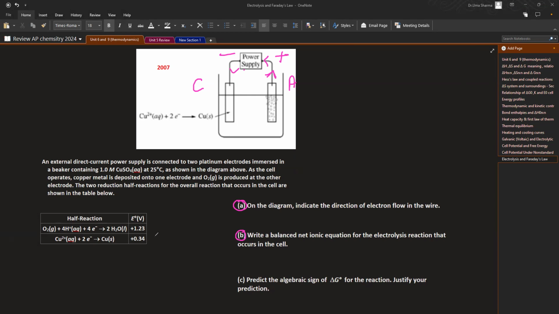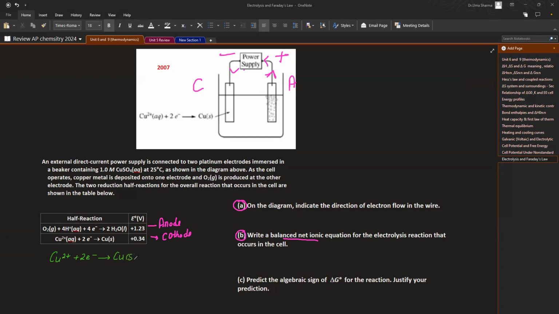Now you already identified that this is cathode, right? So it means the other one is anode. I told you that when you have to write down the complete balanced equation, write these reactions in the right format. Cathode reaction as such, copper 2 plus 2 electrons. Reduction, cathode is reduction.